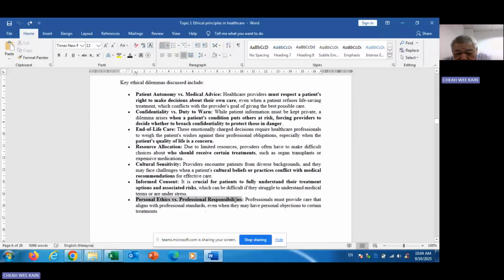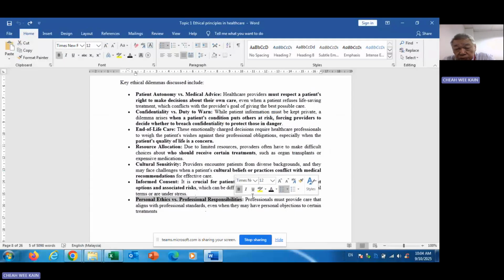If you are in a private hospital and they bought a new equipment, okay, the finance people in the hospital will say, we must have a return on investment, ROI. So they will encourage their doctors to recommend to their patients to use the new equipment.